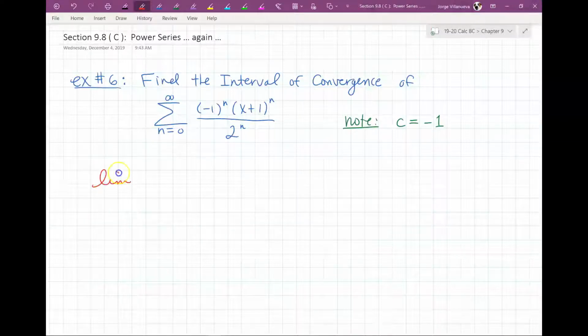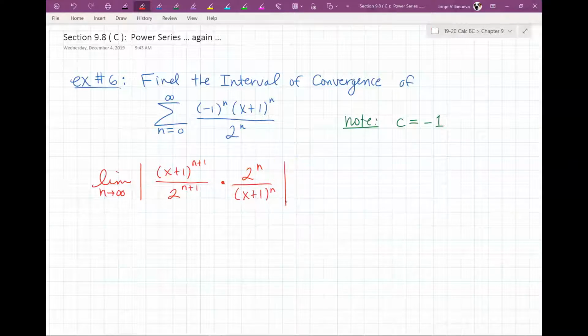So limit as n approaches infinity of x plus 1 to the n plus 1 over 2 to the n plus 1. That's the a sub n plus 1, right? Times the reciprocal, so 2 to the n over x plus 1 to the n.